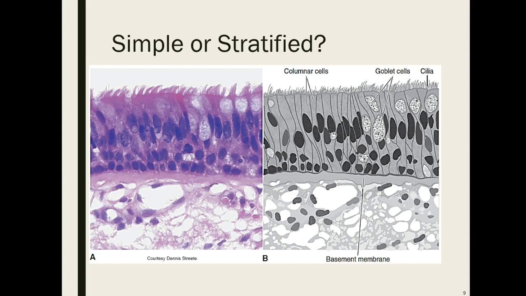This one here is a little tricky. So the question is, is it simple or stratified? It's actually a pseudo-stratified. So it really is considered a simple layer of cells.